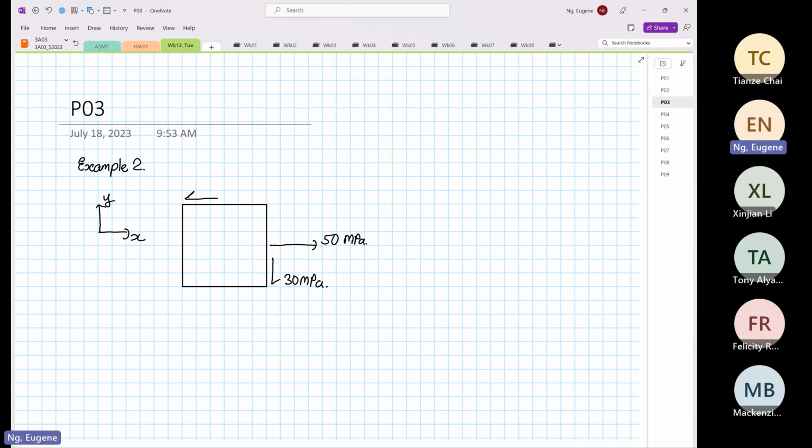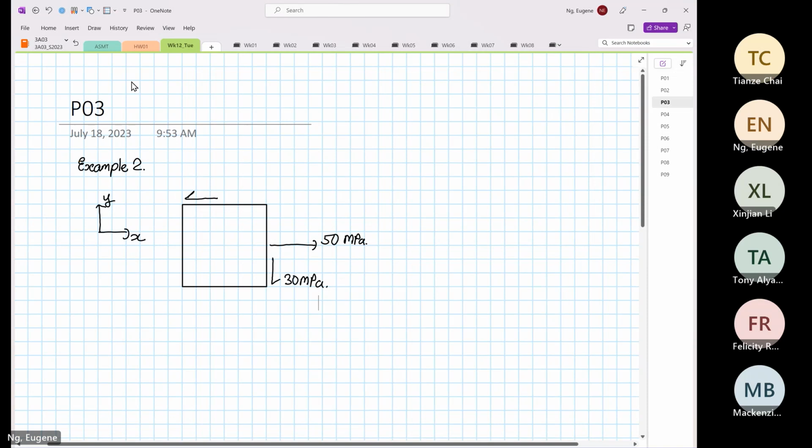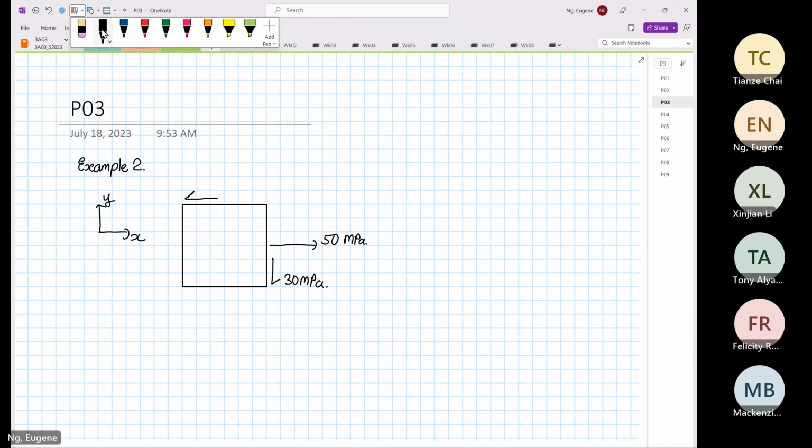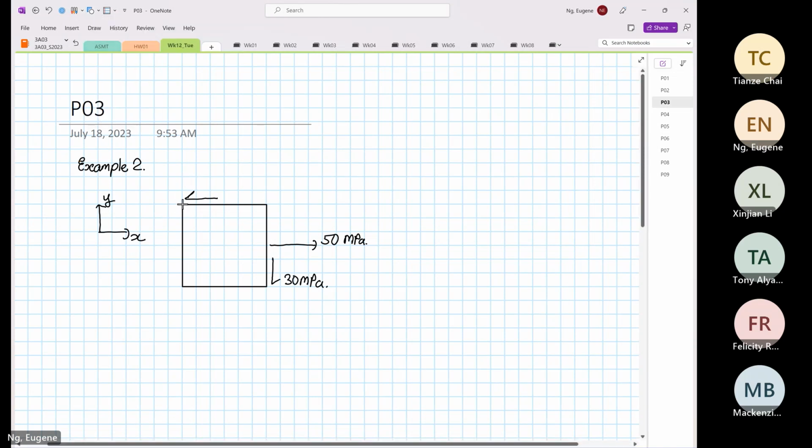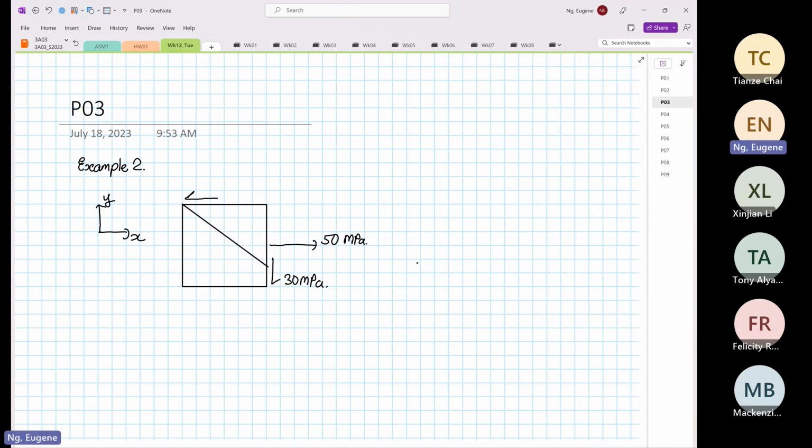So what we want to find now is the stresses when the plane is rotated 35 degrees clockwise from the horizontal.